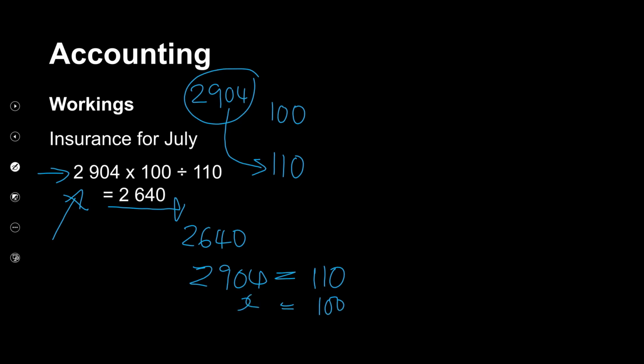Therefore, in your calculation, we're cross multiplying. 2,904 times 100 divided by 110 will give you 2,640. Okay, so that's how we calculated the insurance premium prior to the increase.